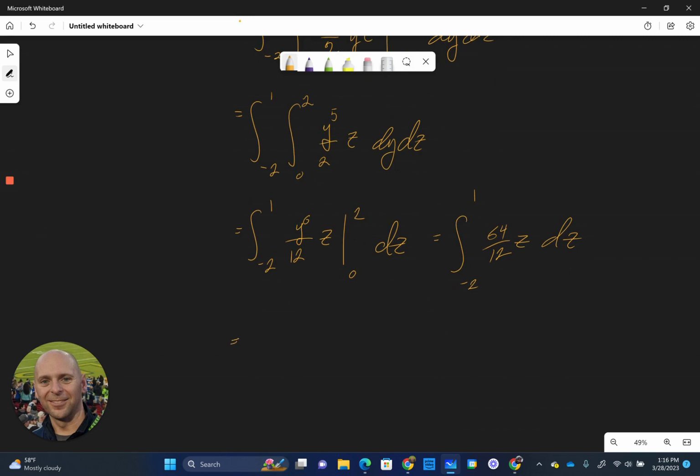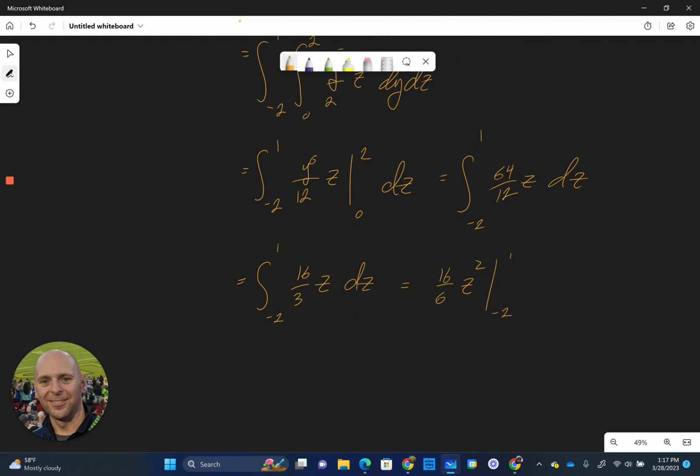So we would go ahead and maybe rewrite this as the integral from minus 2 to 1 of 16/3 z dz. And now our final integration here is going to be 16 over 6 z squared, and we evaluate from minus 2 to 1.